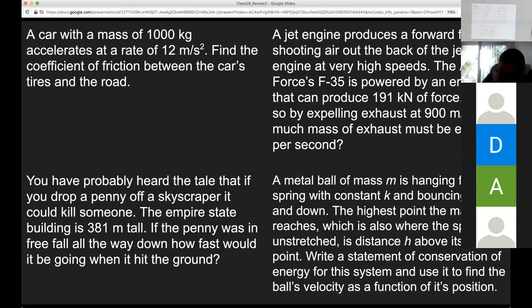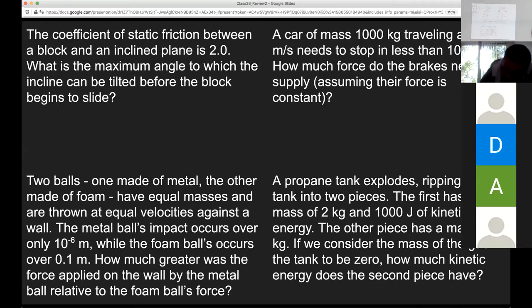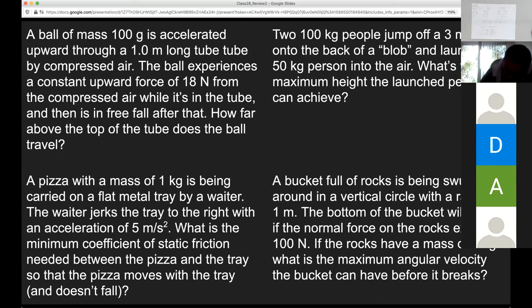So what floats your boat? What do you want to do? On the middle slide, I think slide 5, could we do the top left one? The top left one, the block on the inclined plane. No, my bad, the 4th slide.